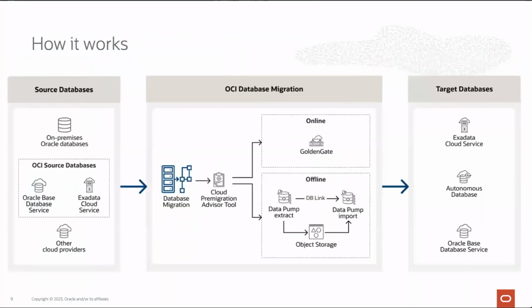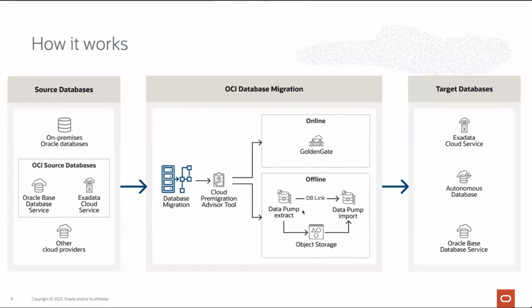Okay, here is a short workflow of how DMS works. We already said we have our source databases. Here in the middle, you see the database migration itself. We have the integration of the CPAT tool. We already talked about that one. And we also know that DMS is using Data Pump for the extract of the data and the import of the data.